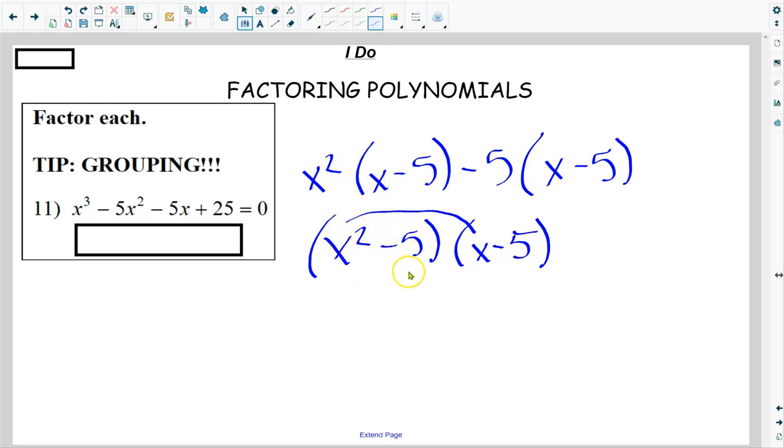If I multiply negative 5 times this, okay, let me go back here, and I need to say x squared, right, multiply times all this gives me this, negative 5 multiplied times this gives me that. Okay. So there it is. Okay, I think pretty simple. You'll get practice on that.